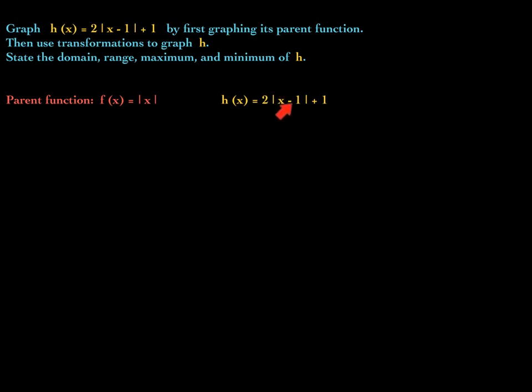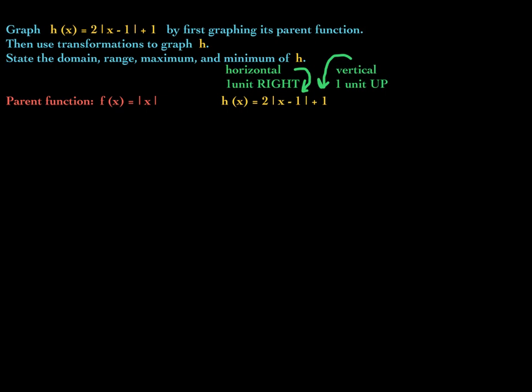This time it'll be 1 unit to the right. This +1, however, is outside of the absolute value expression, and that's what makes it a vertical translation. This time, 1 unit upward because it's a +1. I'll talk about this too in just a second.